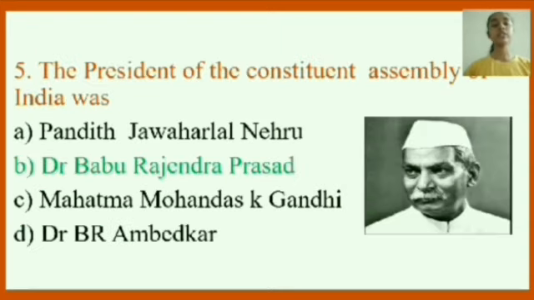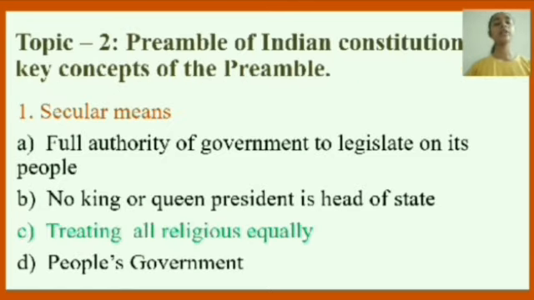And the last question of this topic: the President of the Constituent Assembly of India was option A Pandit Jawaharlal Nehru, option B Dr. Babu Rajendra Prasad, option C Mahatma Mohandas K. Gandhi, option D Dr. B.R. Ambedkar, and the correct option is option B Dr. Babu Rajendra Prasad.